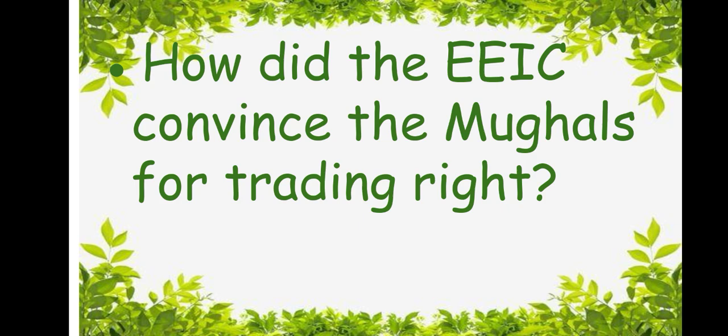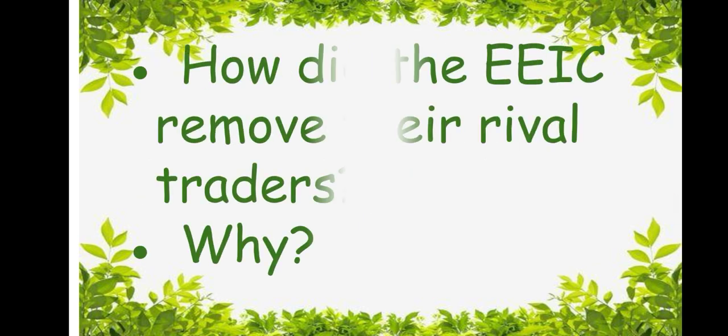The company got the Mughal emperor to grant them trading rights or farman. How did the EEIC remove their rival traders and why? They defeated their rivals, the French, in the Carnatic Wars to get monopoly of trade.